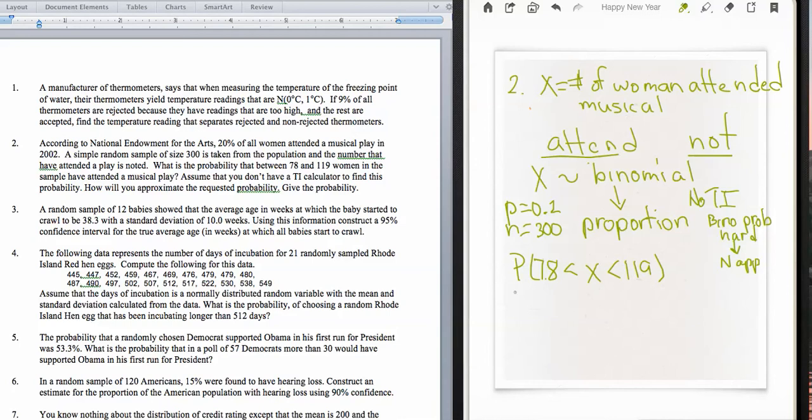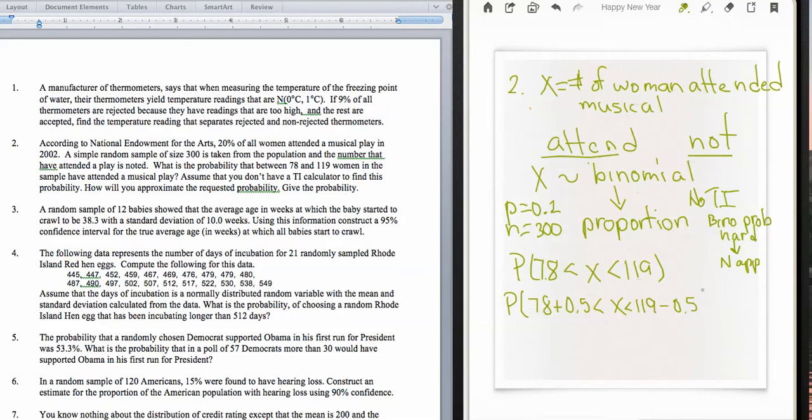So first of all, I need to do a continuity correction. My continuity correction is going to be the 78 plus 0.5, and then here the 119 minus 0.5.